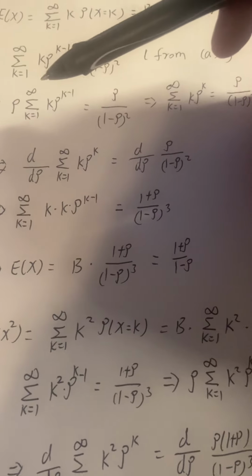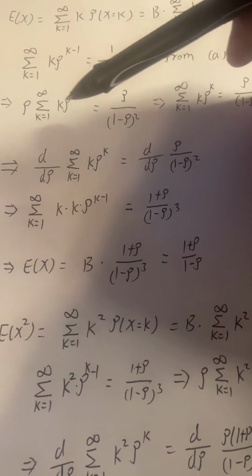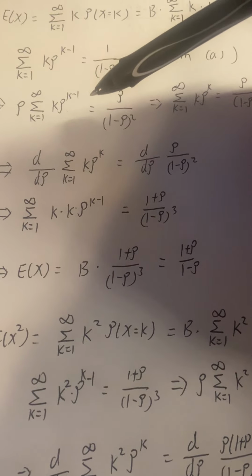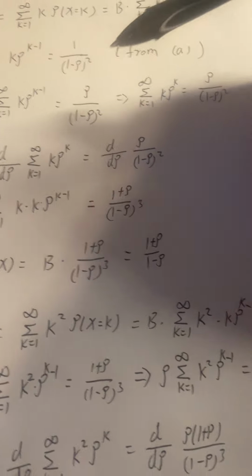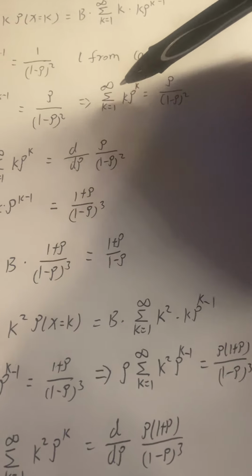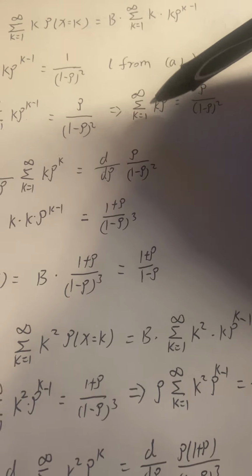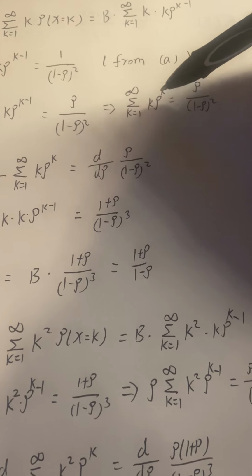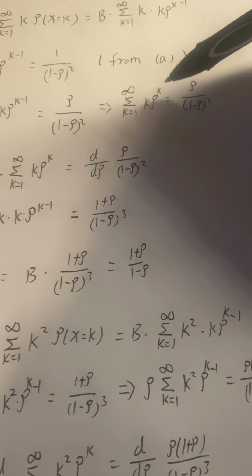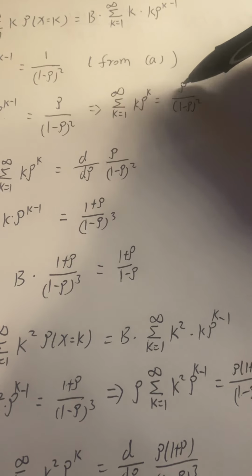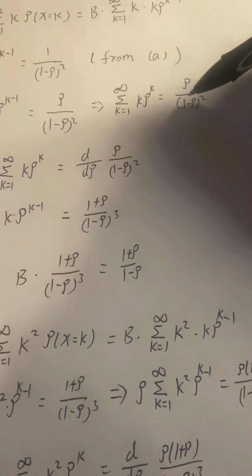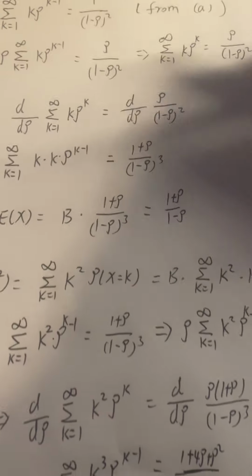So we can multiply by p on both sides. So we can get the sum from k equals 1 to infinity of k times p to the power of k is equal to p over 1 minus p squared.